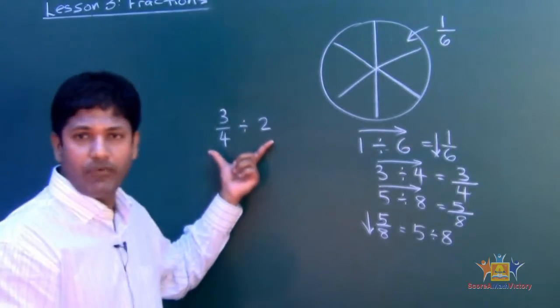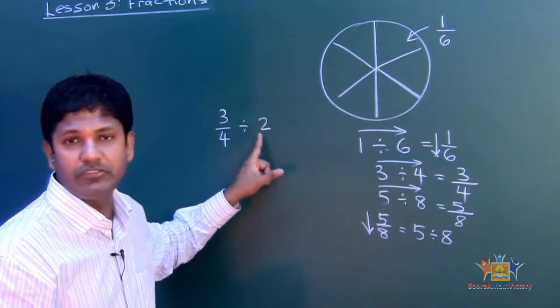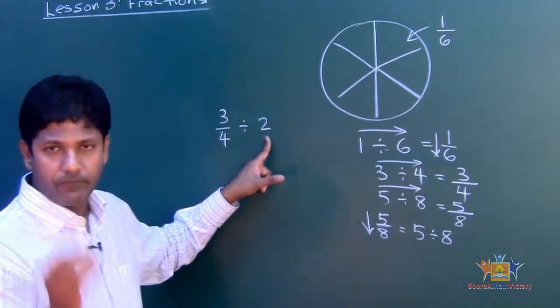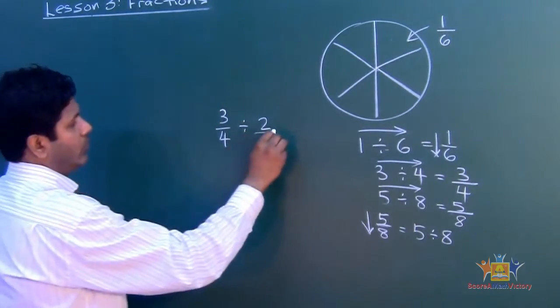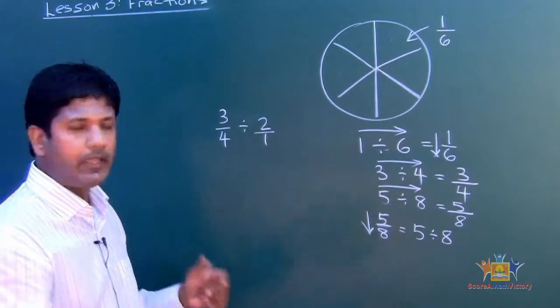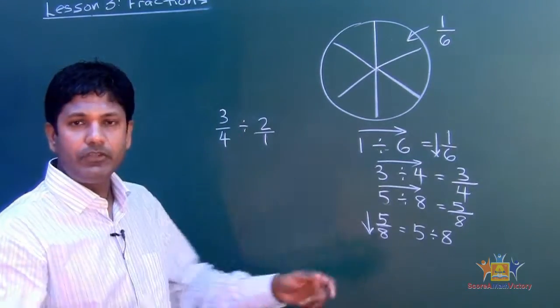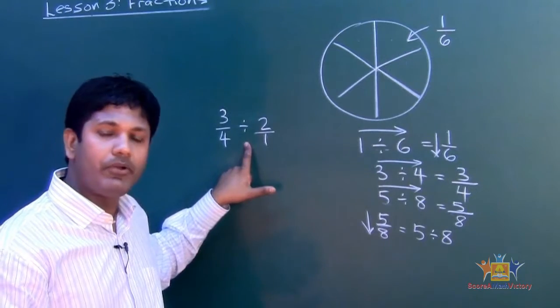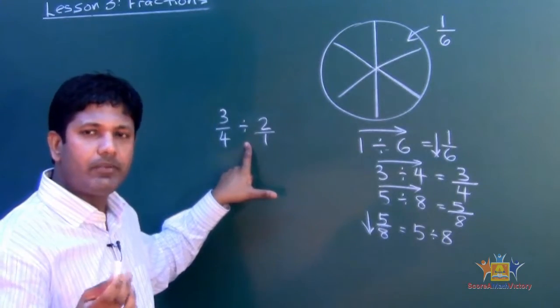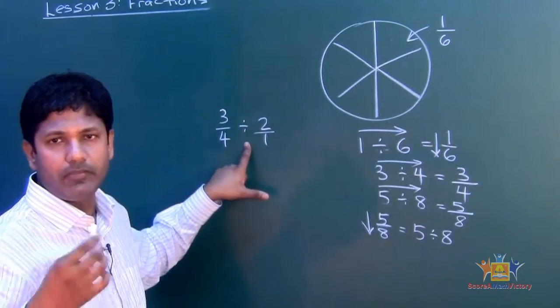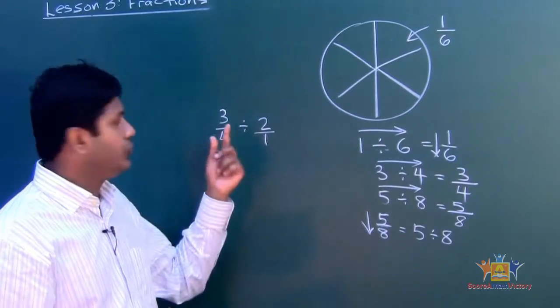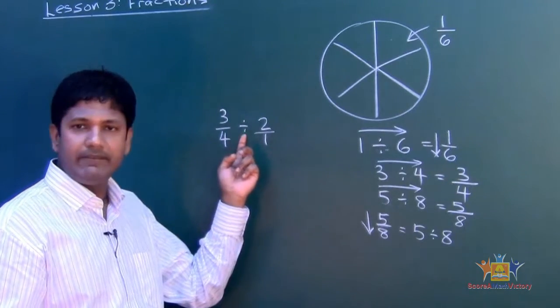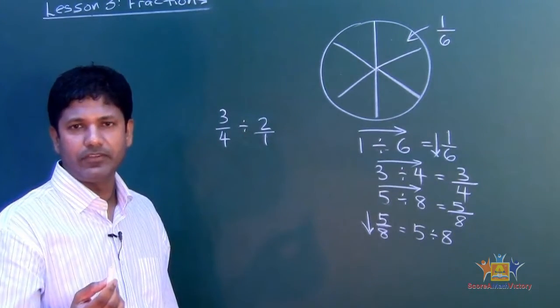In order to perform this, I have to change this whole number into a fraction, which is over 1. That's it. With multiplication we use the double arrow method, but this is division. So how do we do that? The step you want to remember for division is, you want to convert that division to multiplication first.